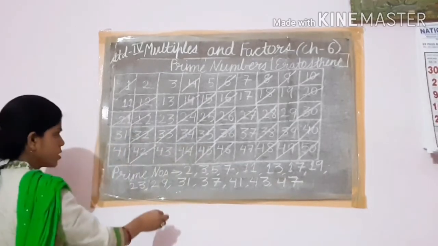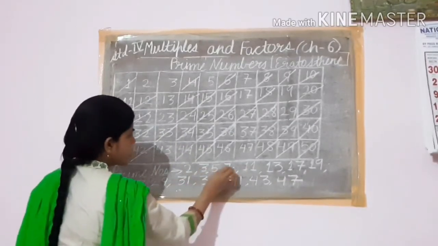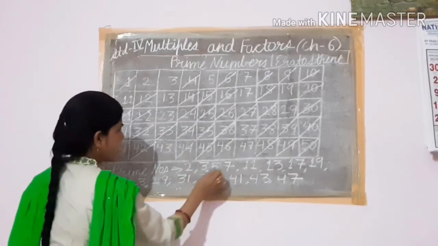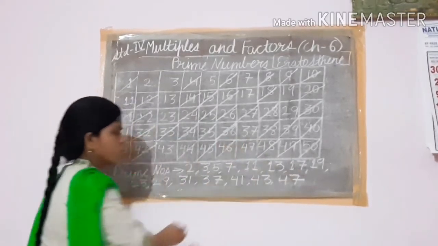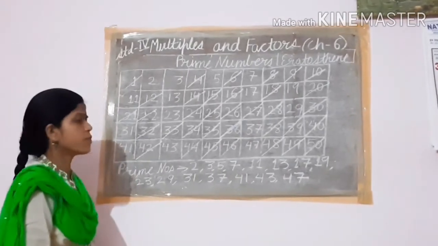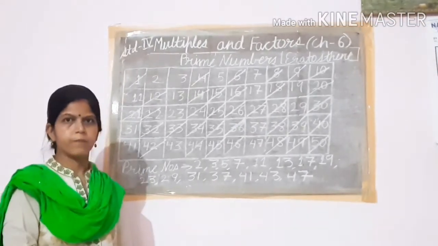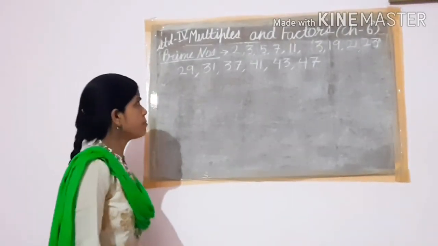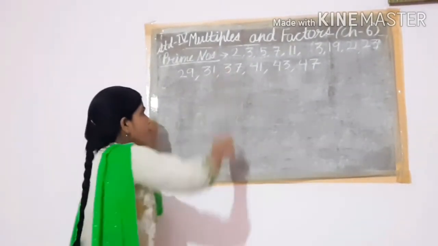Now count all these numbers. 1, 2, 3, 4, 5, 6, 7, 8, 9, 10, 11, 12, 13, 14, 15. So children, there are 15 prime numbers between 1 to 50. So children, you have recognized the prime numbers between 1 to 50.